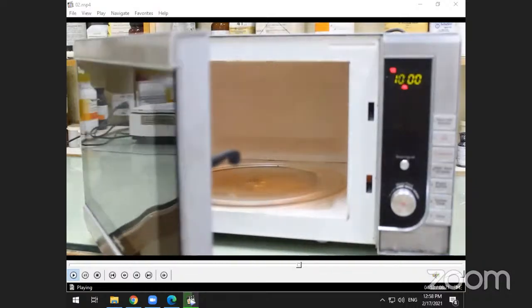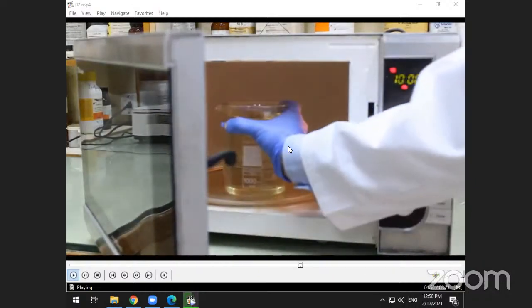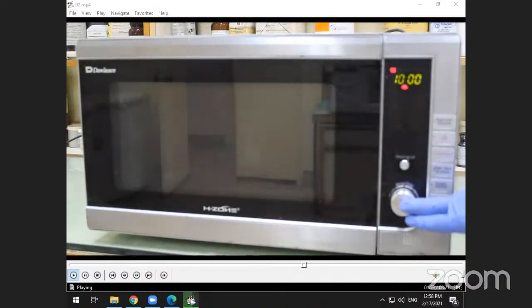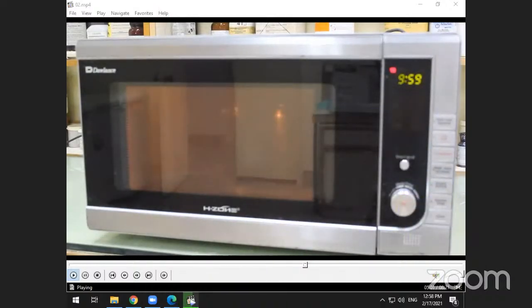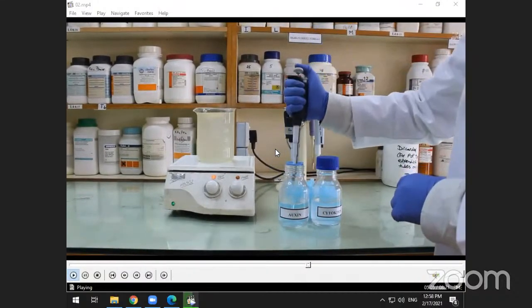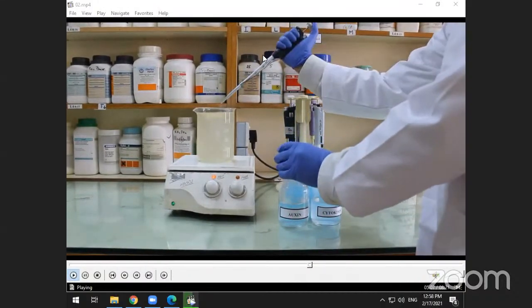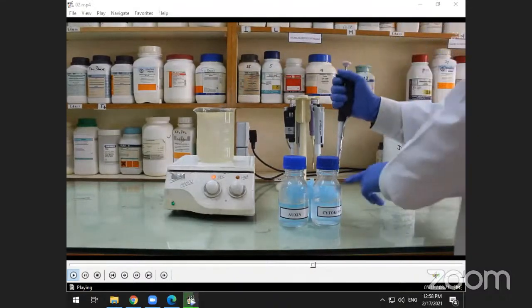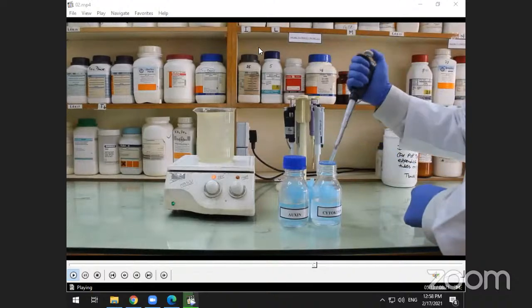Microwave the media to dissolve the agar completely for 10 minutes. Add phytohormones like auxin and cytokinins according to the plant requirements.